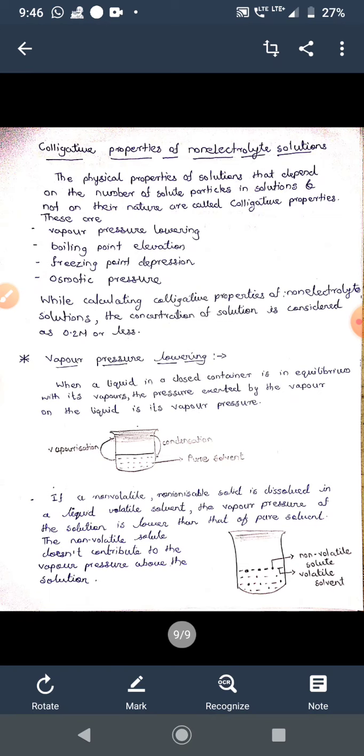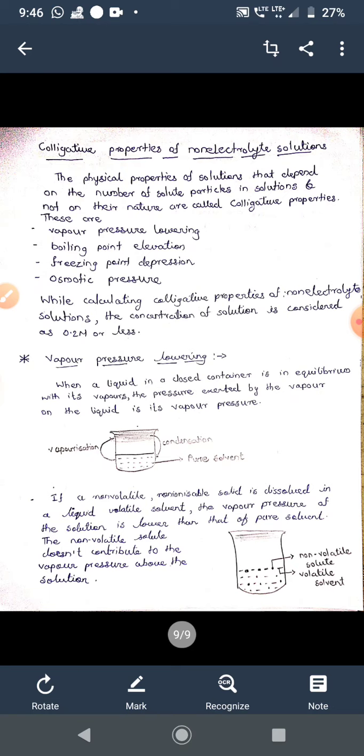From this you can see that the concentration of the solute in solution is very small. That is, the amount of solvent will be more and the amount of solute will be less in the solution. This point is very important when we calculate the formula for the lowering of vapor pressure. There this point will be very beneficial to us.